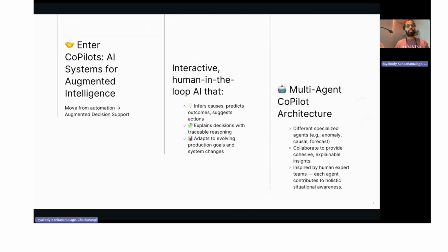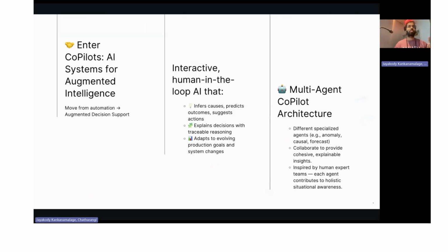Now, what is a multi-agent copilot architecture? Multi-agent, as the name suggests, consists of multiple agents. Each agent may work independently, but they all come together to produce a cohesive output for whatever task you have. So the architecture that we have developed is a multi-agent copilot called SmartPilot, which we will define later on. It's a multi-agent copilot for smart manufacturing, and it does several things like anomaly detection and forecasting.